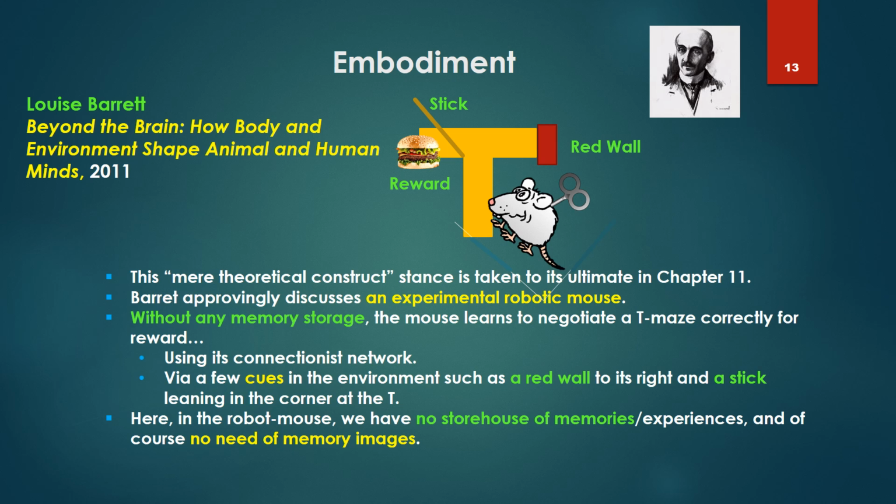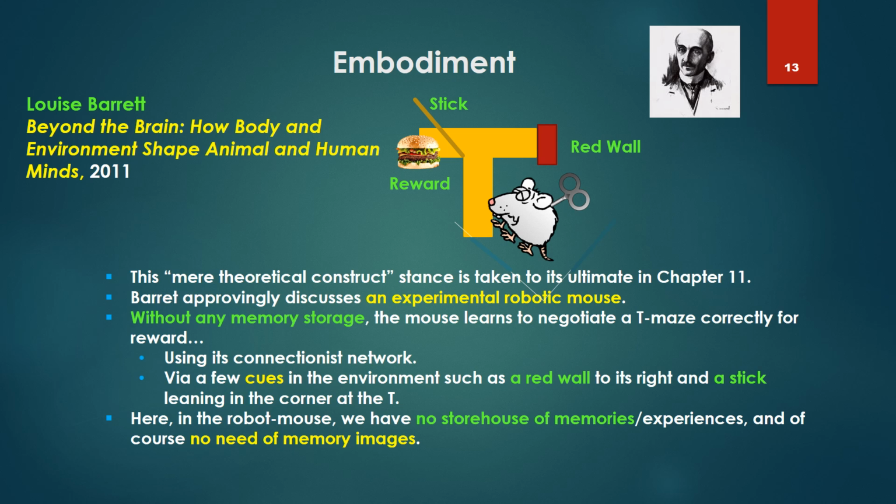So Barrett approvingly discusses an experimental robotic mouse. Without any memory storage, the mouse learns to negotiate a T-maze correctly to find the reward, namely the hamburger there on the left side.